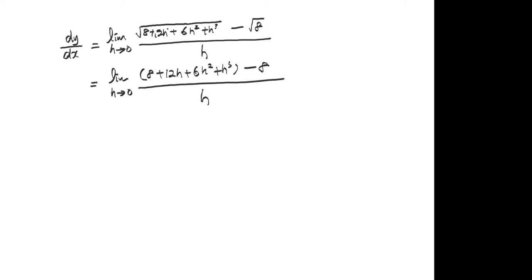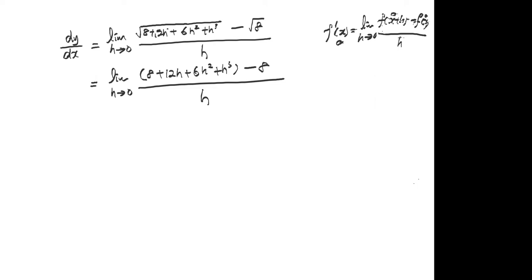Are you clear? Okay, if you are straight away using this formula, f prime x is equal to limit h tends towards 0, f x plus h minus f x over h. Or if this is a, you just replace all this with a.